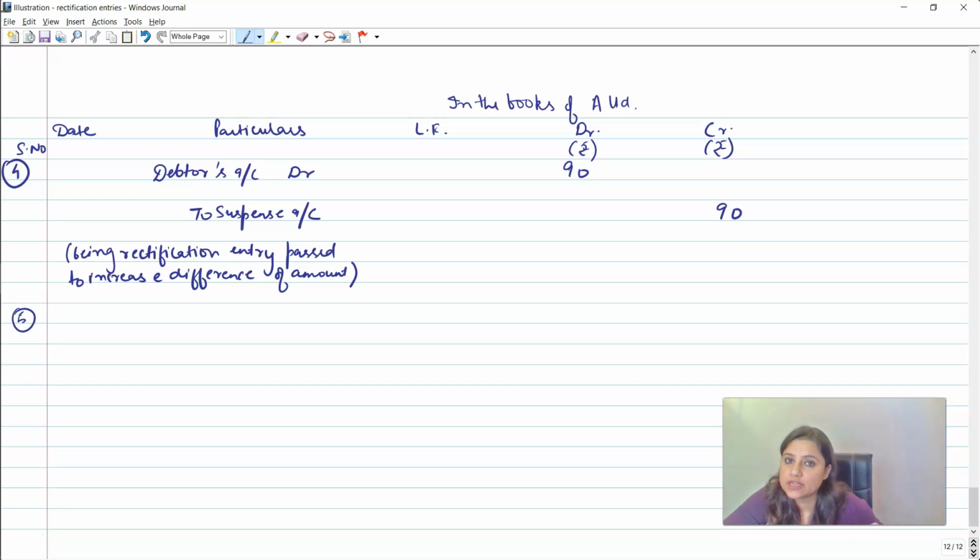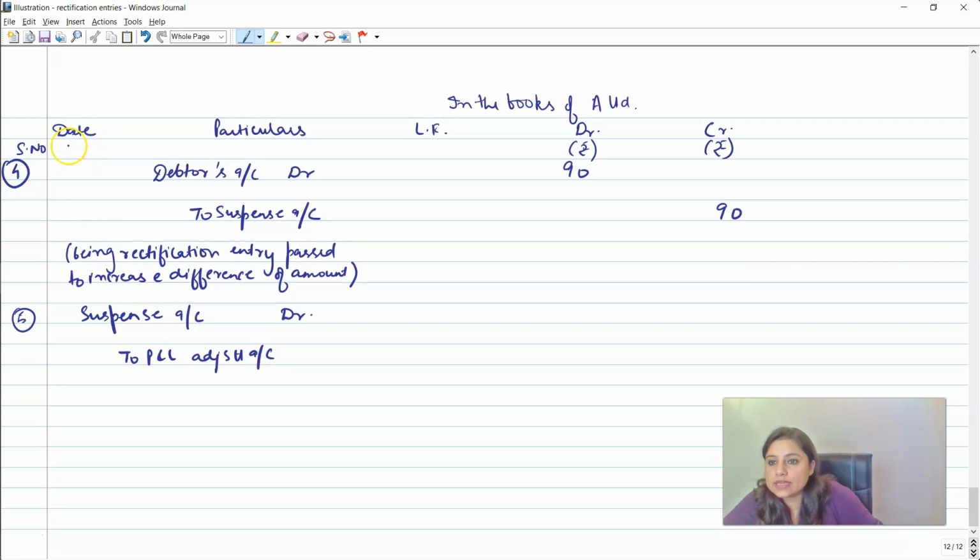As after rectification of such sales account, the difference that was recorded in the books of the previous year would be reduced by such amount. So the entry would be suspense account debit to P&L adjustment account, and the date that we are mentioning here would be the same, that is 1st of April 2013.